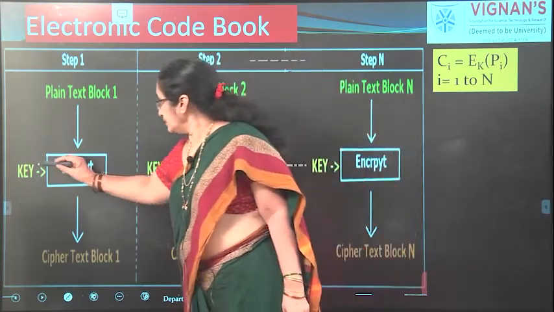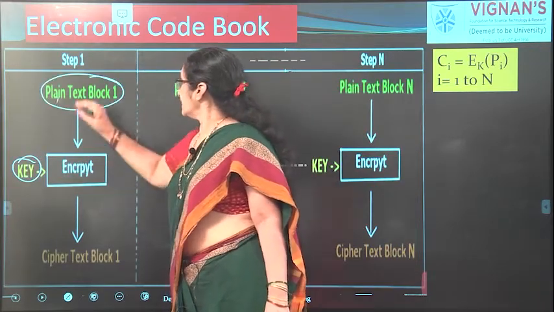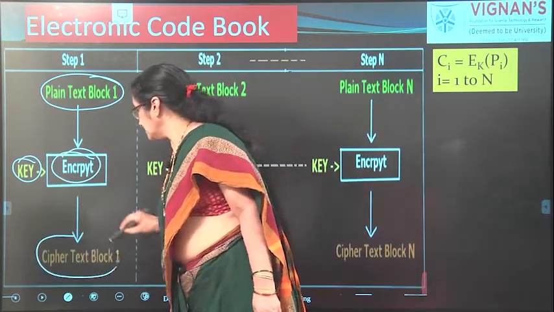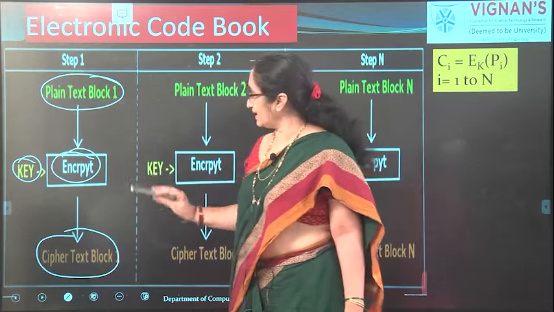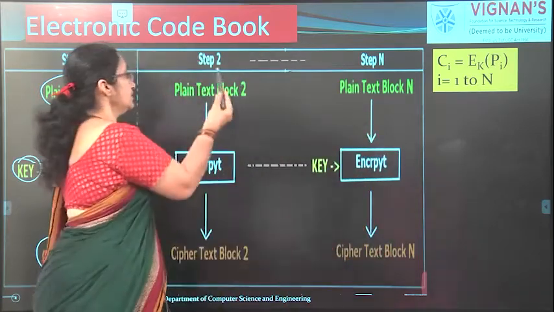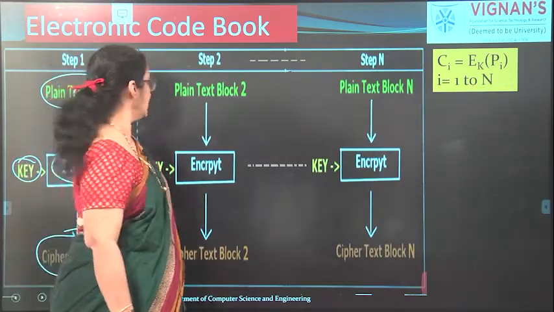You take the plain text and the key as input to the encryption algorithm, and you come up with the cipher text. Individually, you will be encrypting the different parts of the message which you have divided into different blocks.